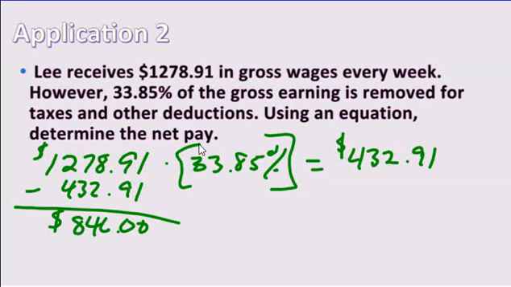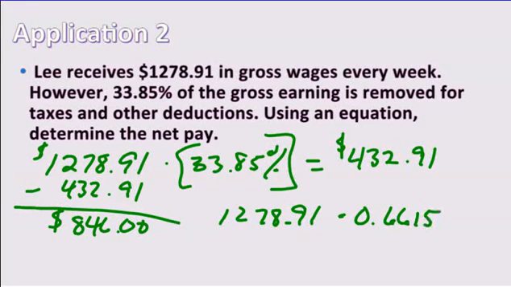So you could have taken your $1,278.91 and multiplied this by 0.6615, because if I took the 100% and let's just say this was 33.85% off, you're actually keeping 66.15% of your gross earnings.